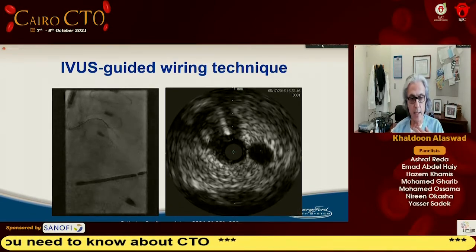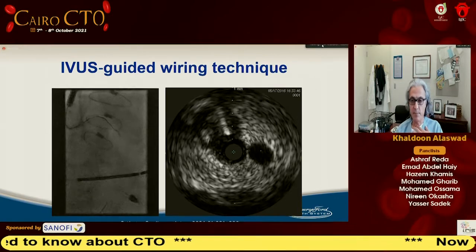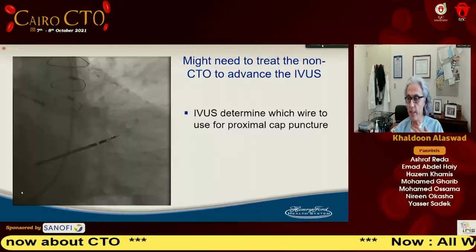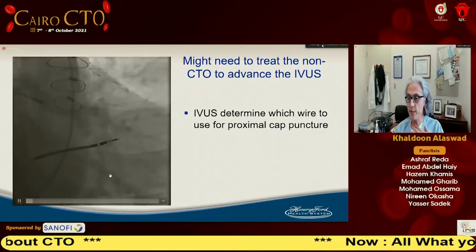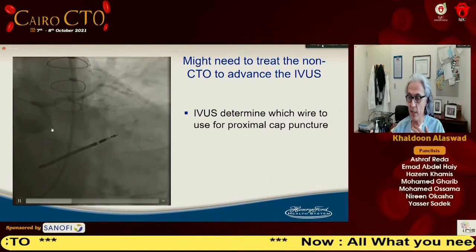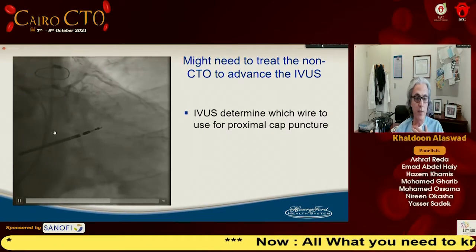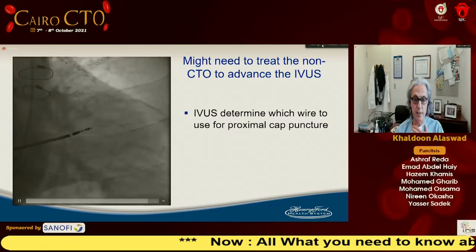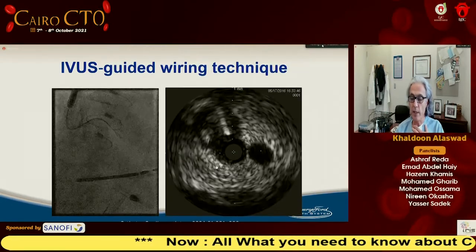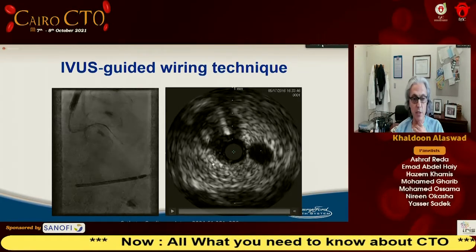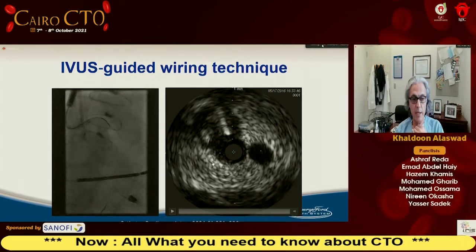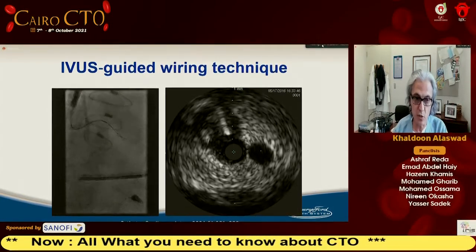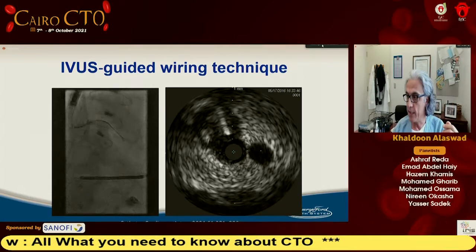And here is a live one of my cases. I just want to go back one slide here, and I want to show you, this is basically a CTO of the left circumflex. And you look at the distal branches here. So IVUS guided, there were not really many retrograde options. Even ADR is not good because it's a bifurcation at the distal cab.